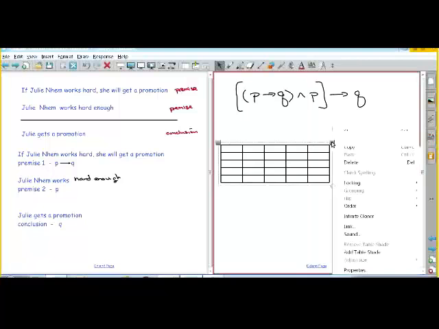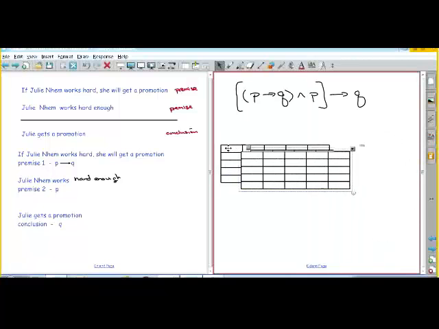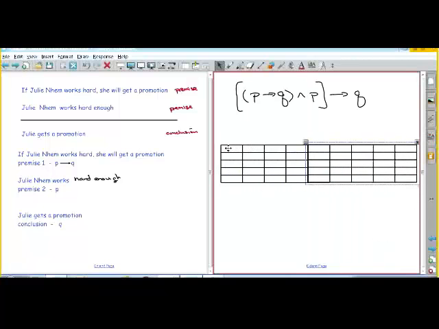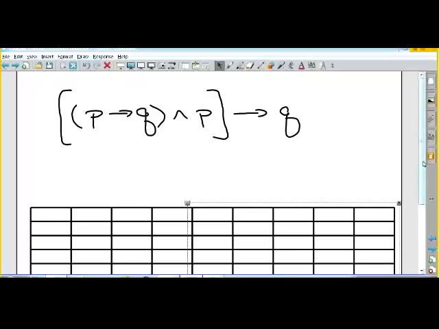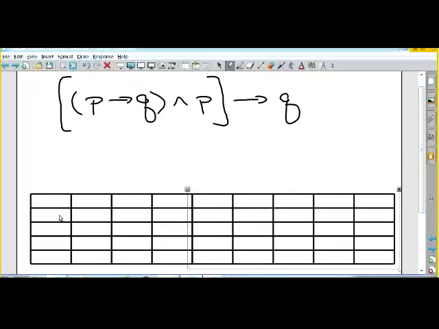So let's fill this thing out. 5 by 9, there it is. Let's put it on one page. First 2 columns, as always, the 2 statements, P and Q. Then we write the logic statement. Again, the parentheses and the brackets don't take up space in this table.